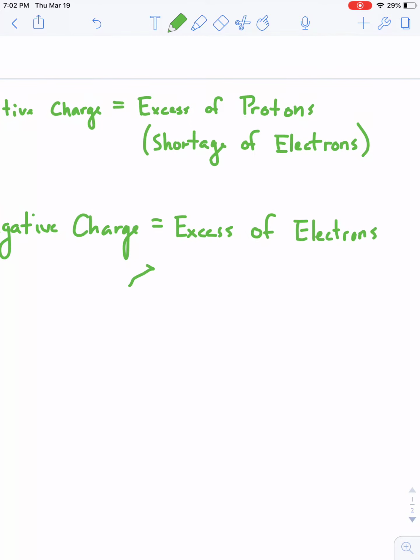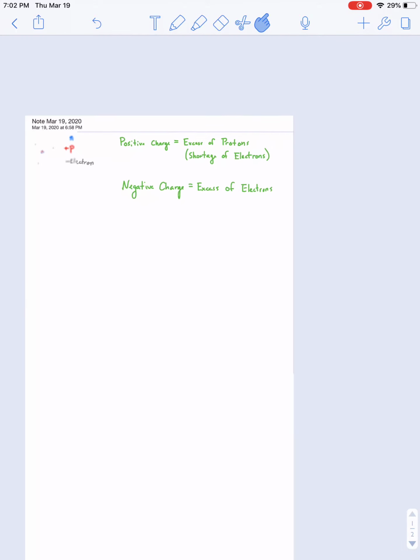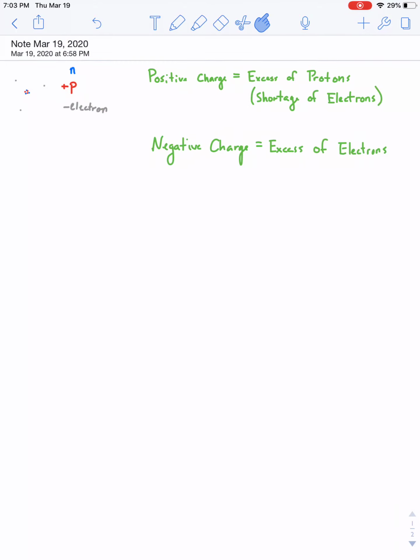For negative charge, I'm not going to write a shortage of protons because, as I said, you can't really lose protons. However, if you have a positive charge, you have an excess amount of protons in comparison to the electrons. The other way you can think of it is simply that that object has lost electrons. And a negative charge, simply that object has gained more electrons than it has protons. So those are the 2 types of charges we have.